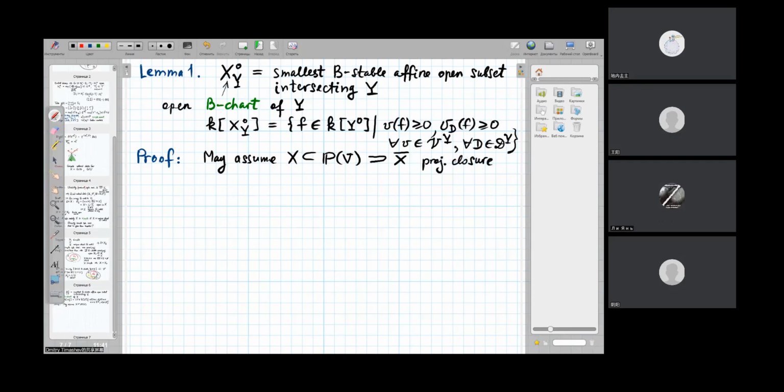And we do the usual thing. We do the affinization procedure. We consider the vector space V lying above this projective space. And in this vector space V, there sits an affine cone X hat. It is the affine cone over X bar.